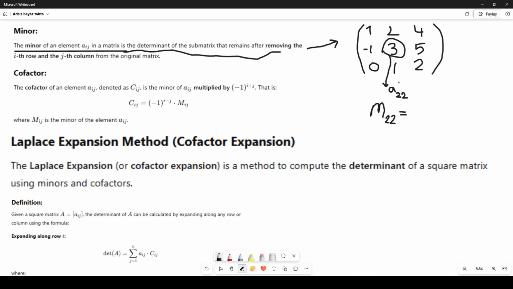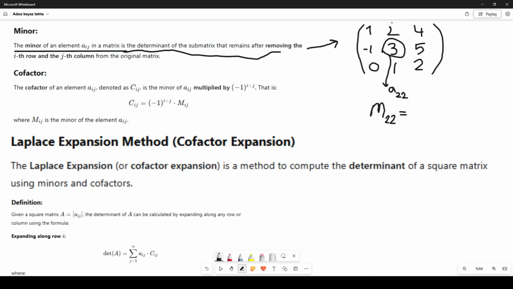What the definition says is that we need to remove or delete the row and column of this corresponding entry from the original matrix. Since this element lies at the intersection of the second row and the second column, I need to remove both the second row and second column. Then I rewrite what is left behind without changing the order of the elements given in that matrix.